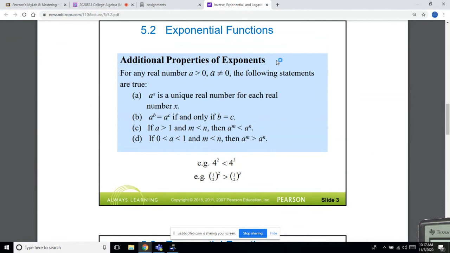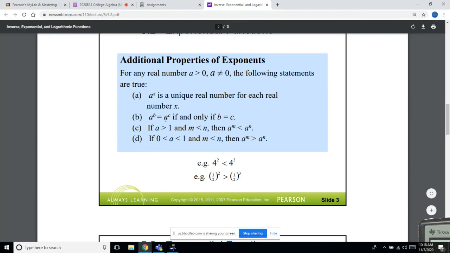The first method is the drop the base method. In some problems, you can't drop the base, and you will have to use another method, called type 2, to solve an exponential.